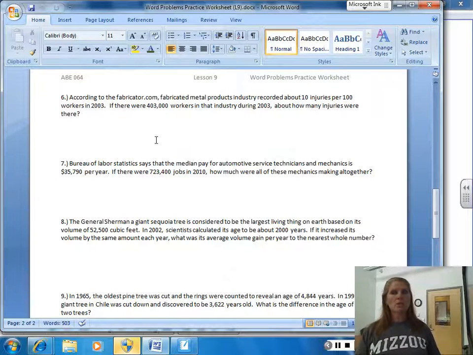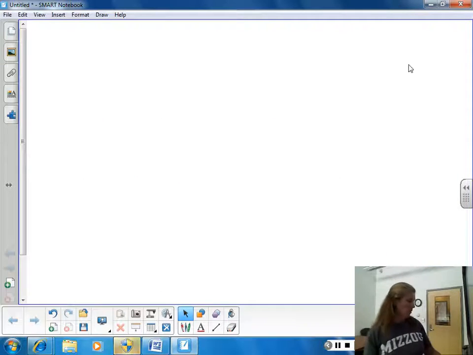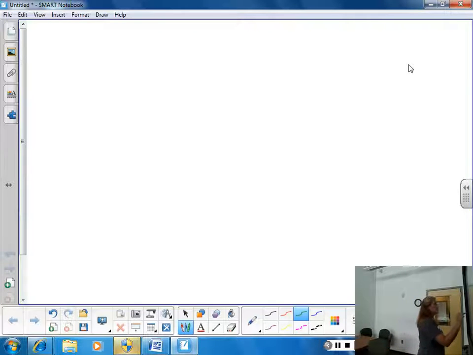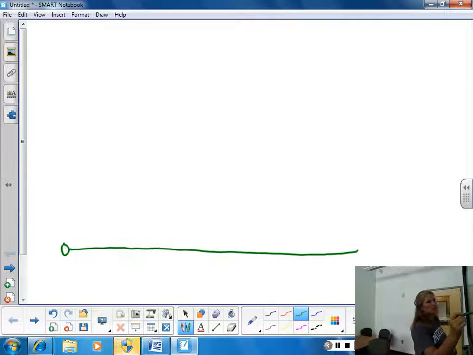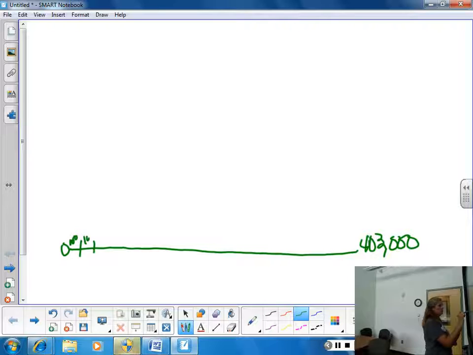Okay, so I want to figure out first how many hundreds there are in 403,000. In other words, I've got all these people from 0 to 403,000, and I want to cut them up into little 100 chunks, because that's what we're talking about, injuries per 100.